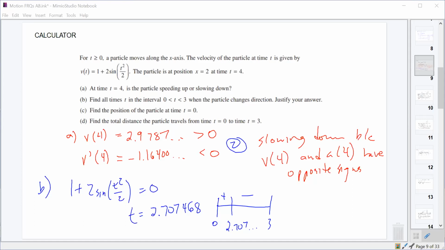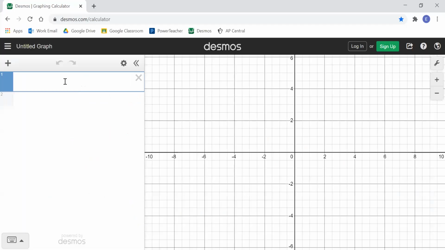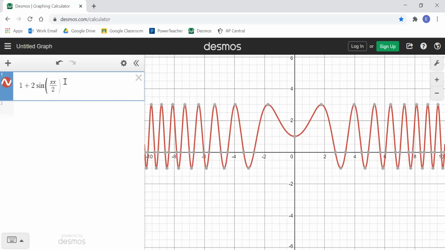And so, just to real quickly look at this here, it was 1 plus 2 sine of t squared over 2, I think, right? And so there's your value of 2.707. It's the only one between 0 and 3, because 3.394 is greater. This is the derivative, or this is your velocity function, right? So the velocity goes from positive to negative, which means it had to change directions.